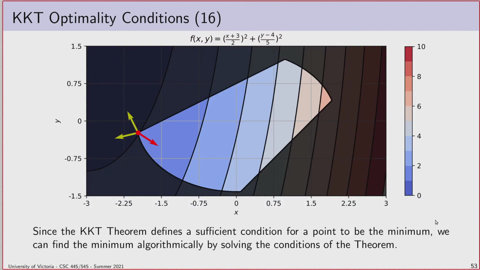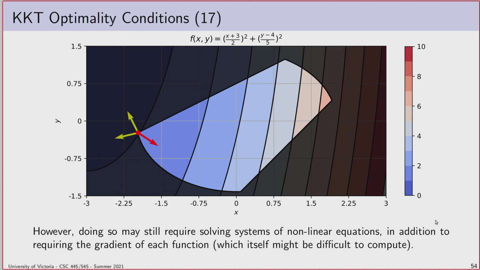And so because we have this, we can now find the minimum algorithmically by just solving the conditions of the theorem. Now we haven't seen the conditions in full, but the conditions could still require solving nonlinear equations if the functions we're working with happen to be nonlinear. And it turns out that when we work with linear functions, applying the theorem directly is possible, but probably still a bit cumbersome for a variety of different reasons.